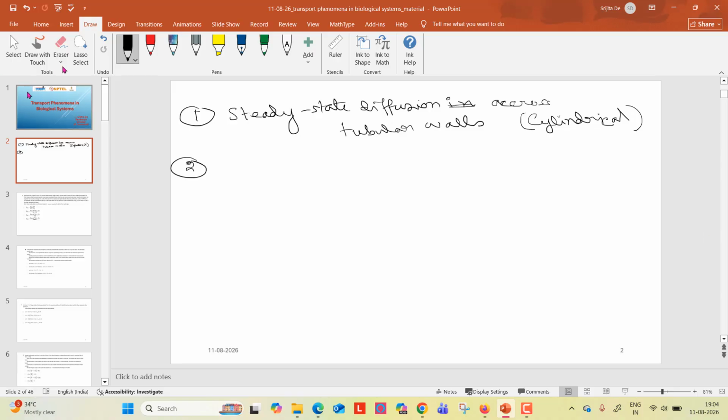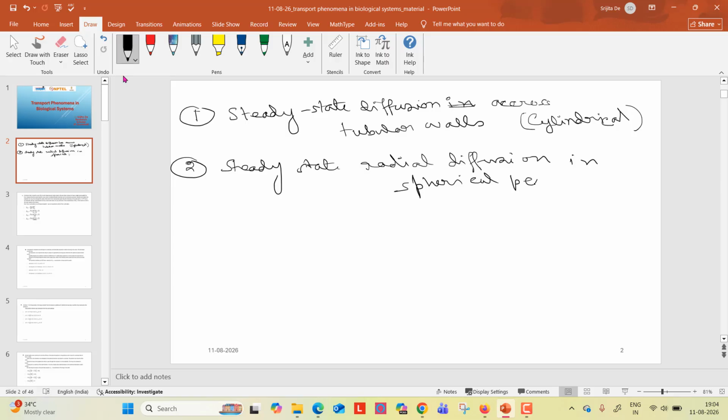The second one is about steady state radial diffusion in a spherical pellet, right? The third one, steady state radial diffusion with reaction.